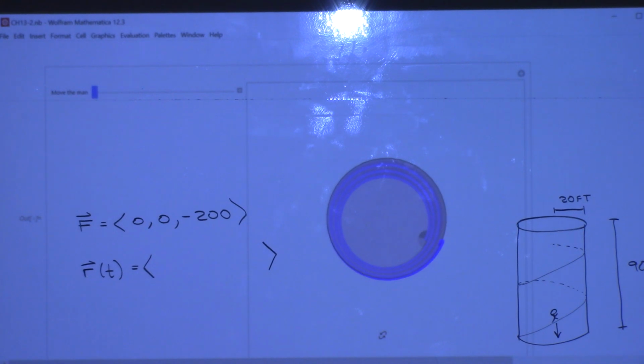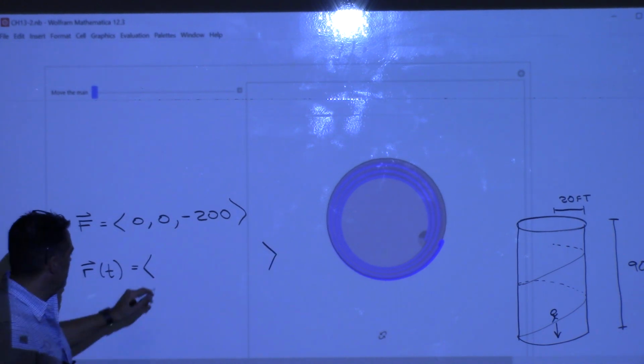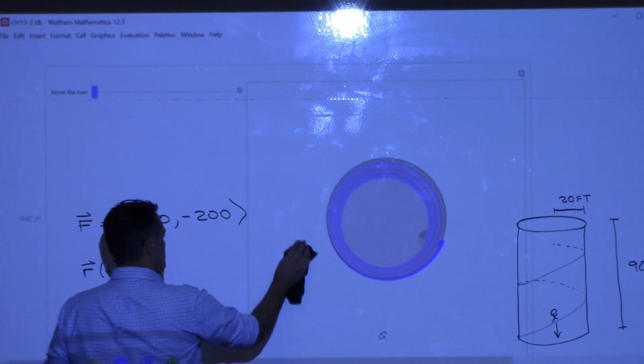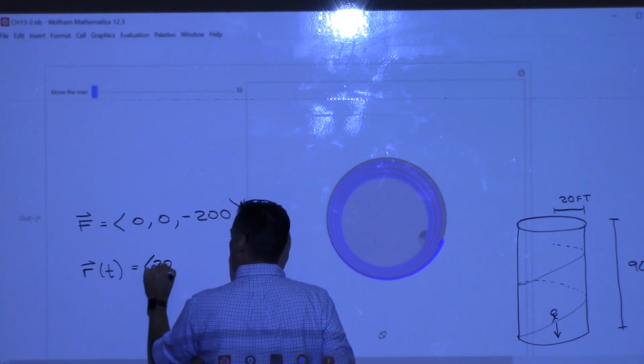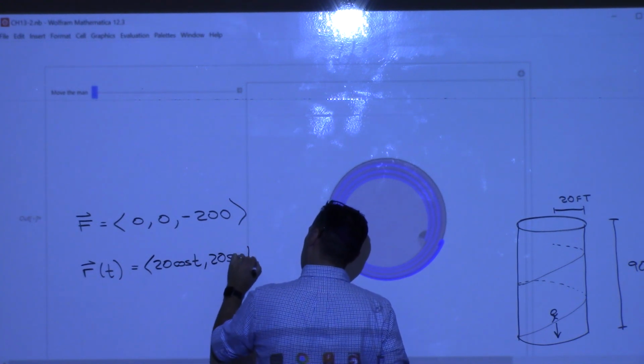And my x and y components just need to draw a circle, right? And while the circle's being drawn, the z is going to be going up. So how do we draw a circle of radius 20? 20 cosine t, 20 sine t. That all right?